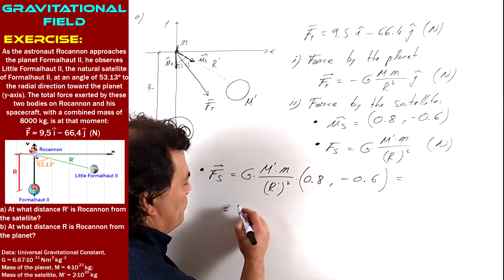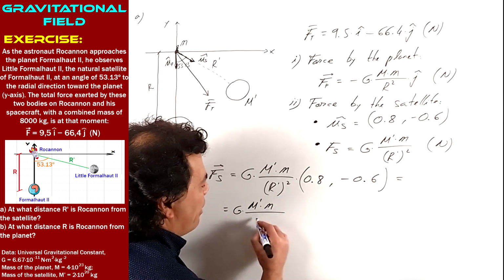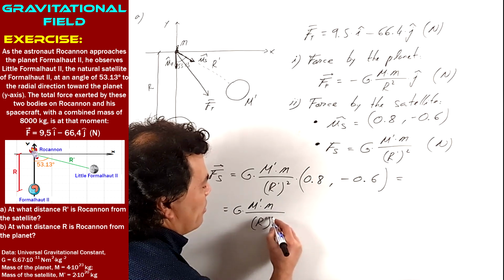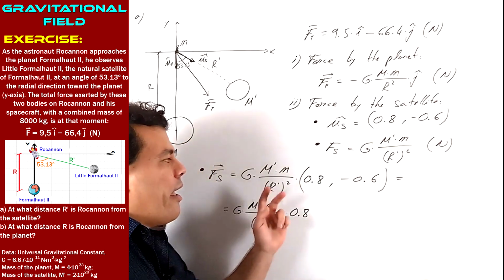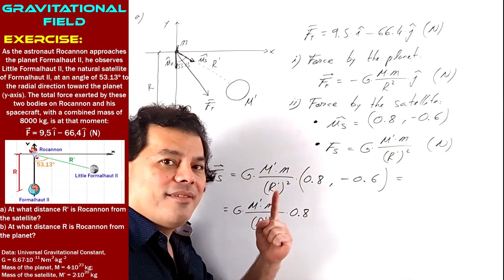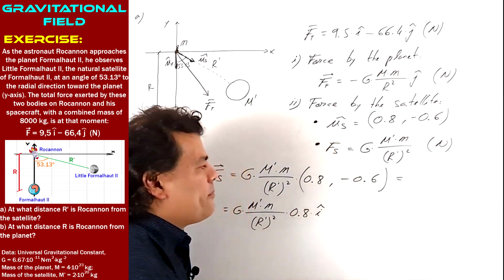We are multiplying G M prime M divided by R prime squared, multiplying 0.8, and as this is the first coordinate, the horizontal coordinate, the unit vector will be i.